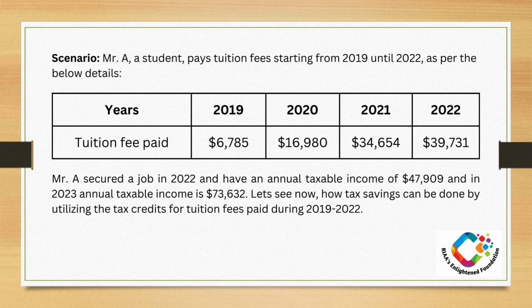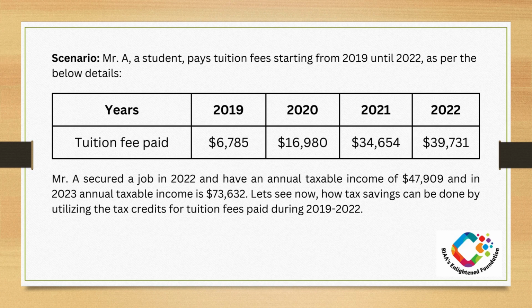Now, let's understand how tax credits are calculated with an example. Meet Mr. A, a student who paid tuition fees from 2019 to 2022, as you can see on this slide in the given table. In 2019, Mr. A paid $6,785. In 2020, $16,980. In 2021, $34,654.